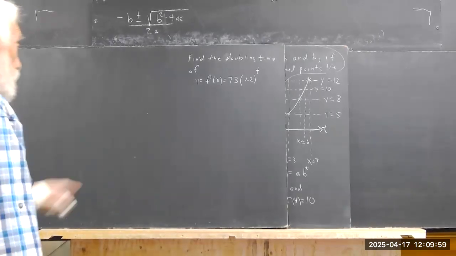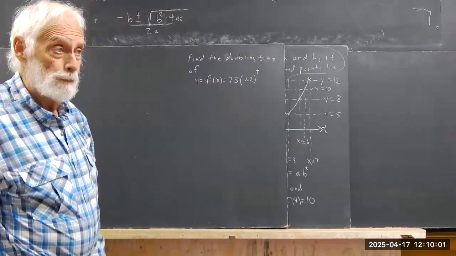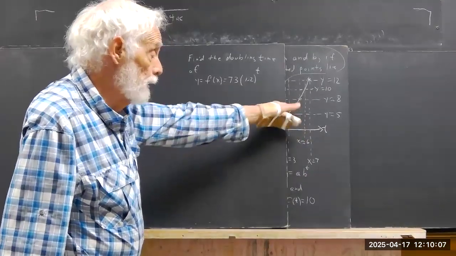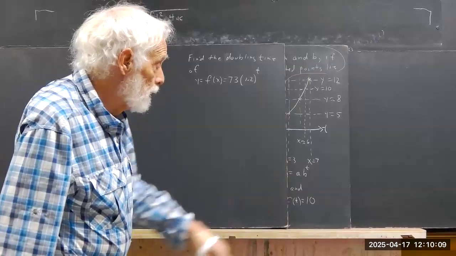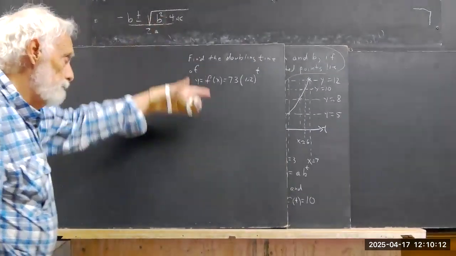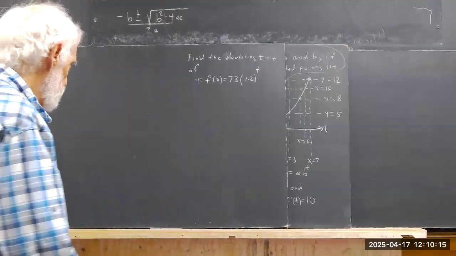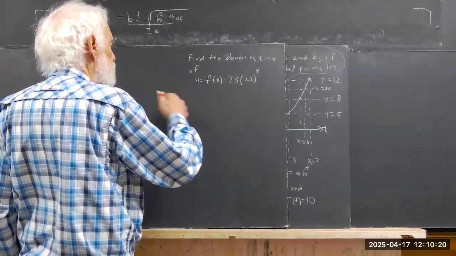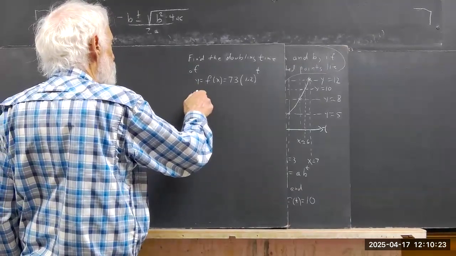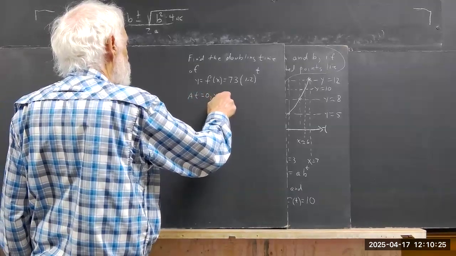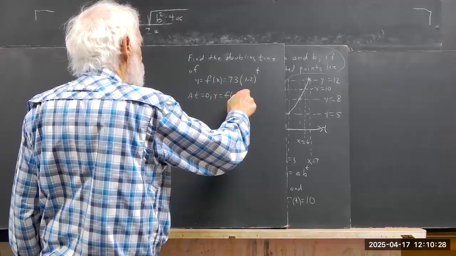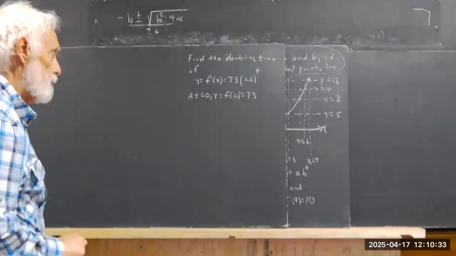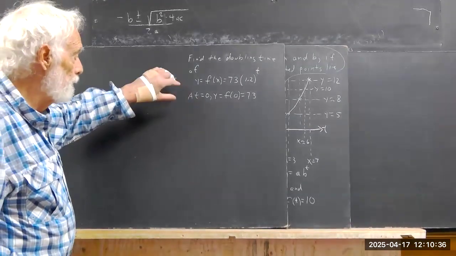Sometimes you want to find the doubling time of the function that you know. For example, the function we found here, we could find the doubling time of that function in the same way we find the doubling time of this function. Okay, so we do it this way. The simplest way is t equals 0.